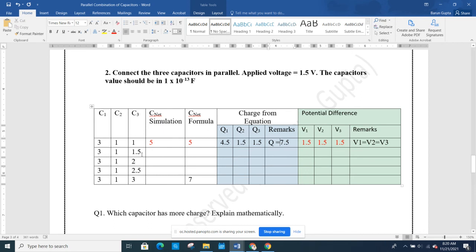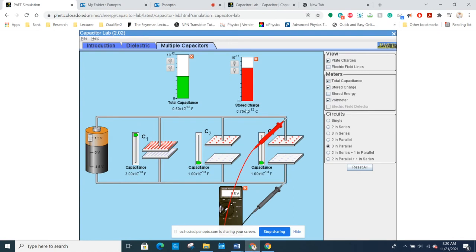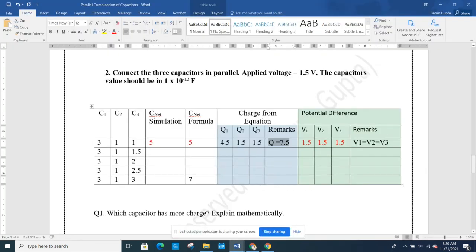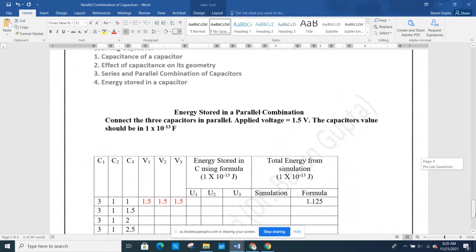Okay. So this is 7.5, and you can verify the total charge here. That is 7.5 times 10 to the negative 13, which makes perfect sense. Okay, so now let's go to the other one, the energy storage.